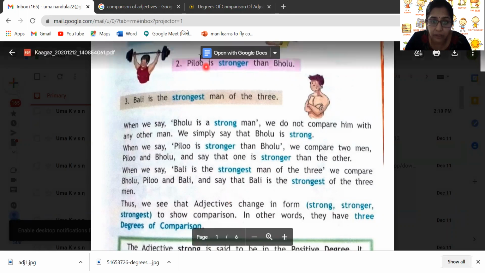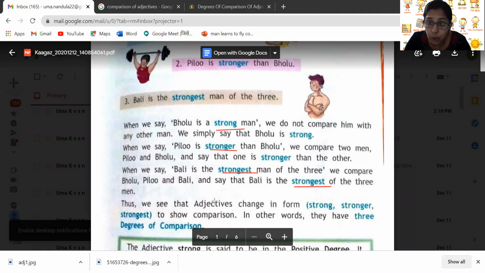Here, when you compare strong, stronger, and strongest, the same word strong is changed to stronger and then strongest. So we compare Bolu, Pilu and Bali, and say that Bali is the strongest of the three men. The adjectives are changing: strong, stronger, strongest.